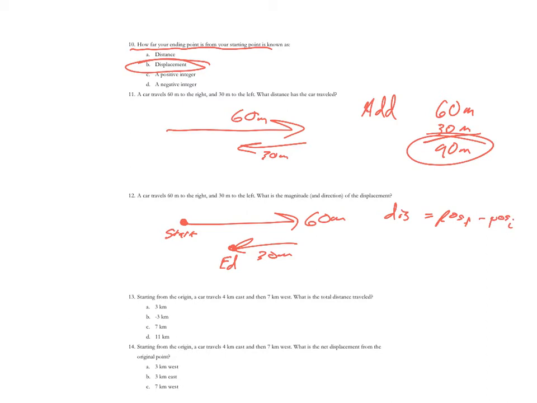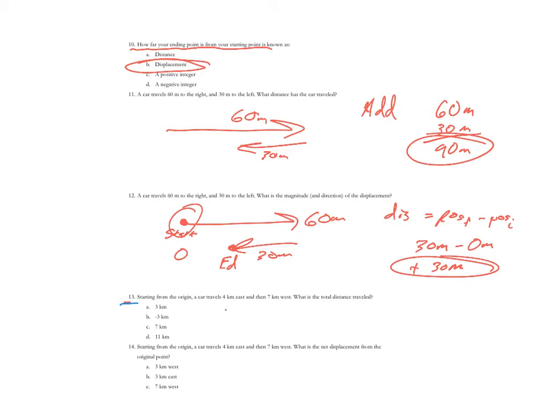My final, if I went 60 out, would be 30. And I started, we'll say at 0. 30 minus 0 is 30 meters. It's a positive. It's to the right of where I started. Starting from the origin, I'm in 13 now. I'm going to go there.